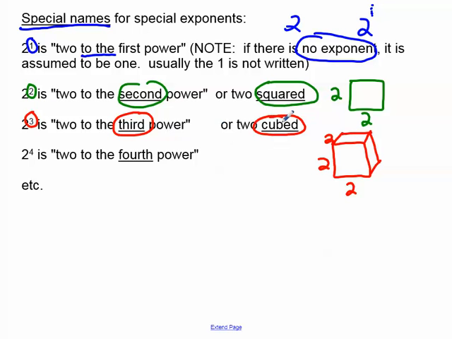That's why it's called 2 cubed: with 3 dimensions, we've got a cube. With 2 dimensions, 2 squared, 2 times 2, we make a square. After that, fourth power, we really don't have fourth dimensions, even though SpongeBob SquarePants might tell us we have 4 dimensions. We really don't. So that's the limit of what these special words are for exponentials.